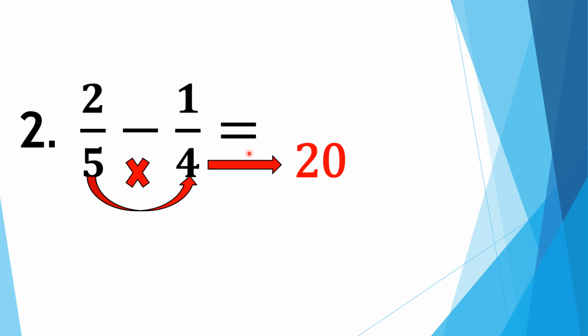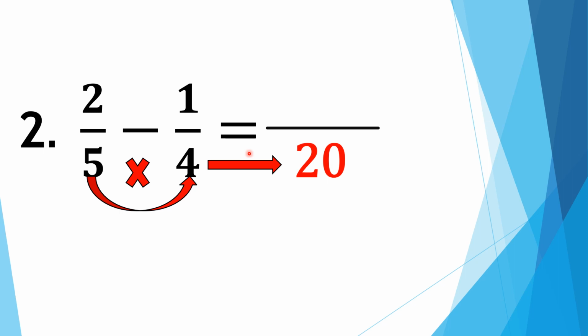Number 2, 2/5 minus 1/4 is equal to, multiply the denominators 5 and 4. 5 times 4 is equal to 20.